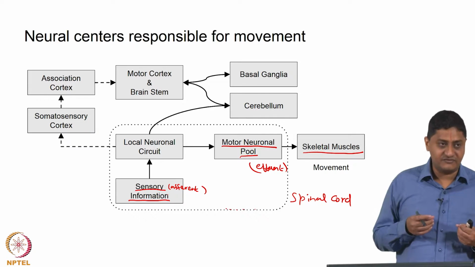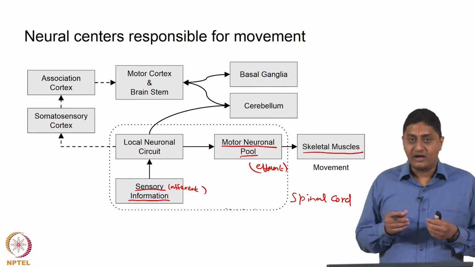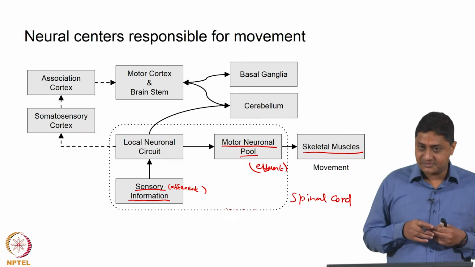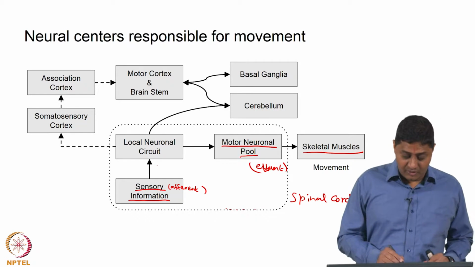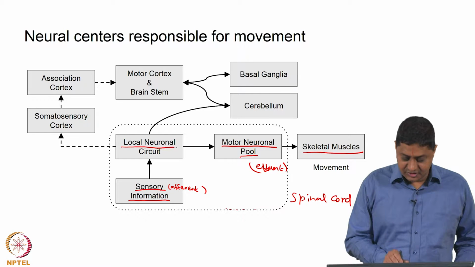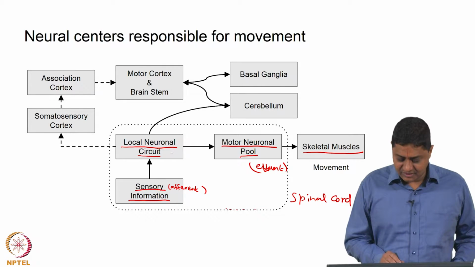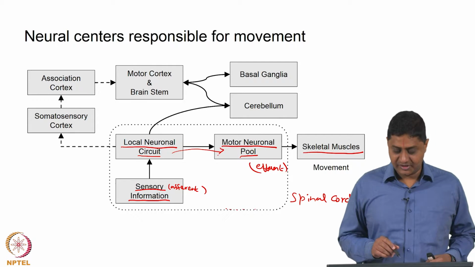We discussed how that information is coming: the function of muscle spindles, the function of Golgi tendon organs, the case of the cutaneous receptors and all those things, right. This information somehow modulates the local neuronal circuits, which further through some processing, minimal or otherwise, control the motor neuronal pool and its excitability.